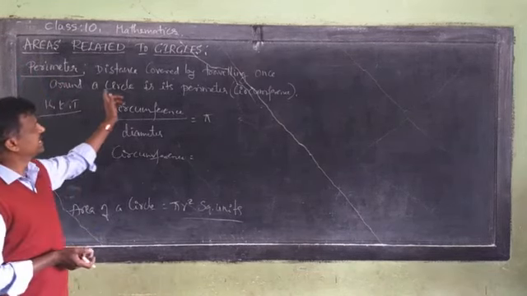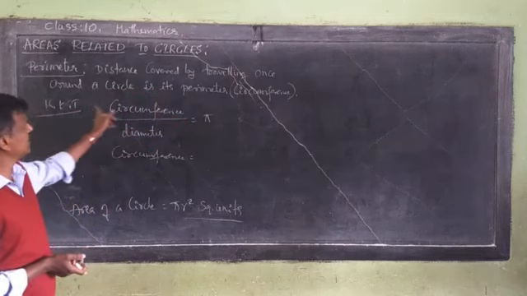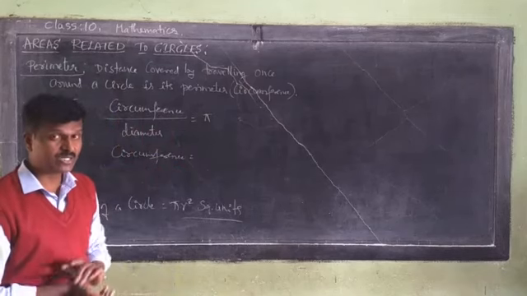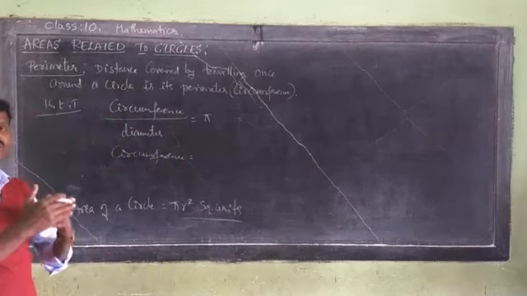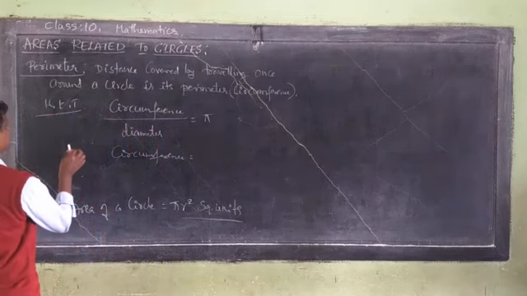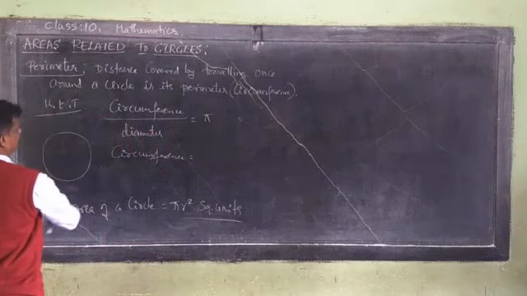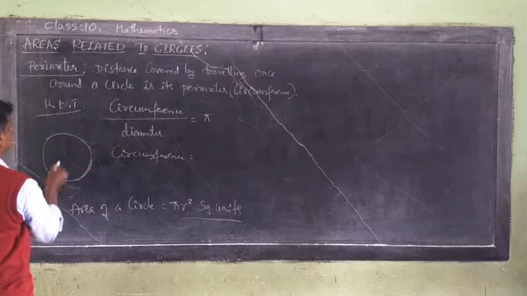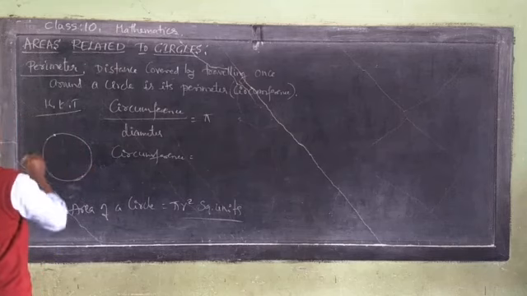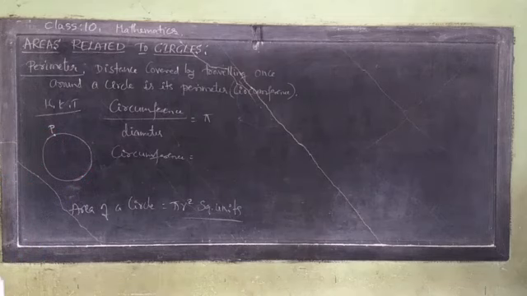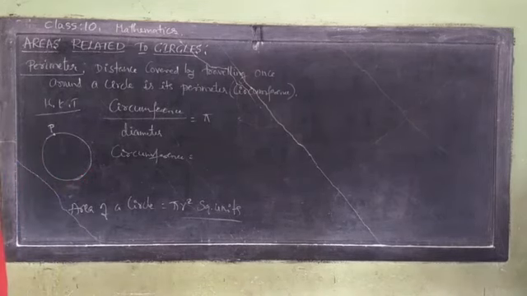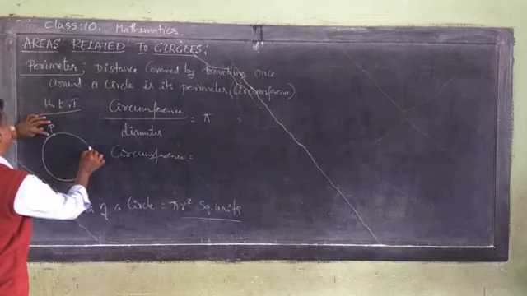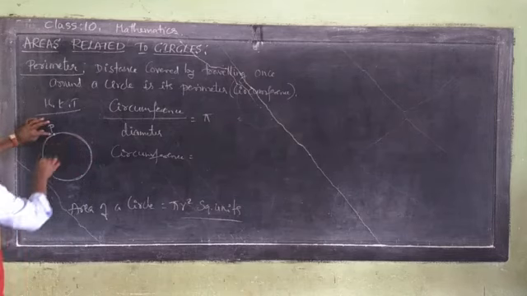The distance covered by traveling once around a circle is its perimeter. For example, here we have a circle with a point P. If we start at P and come back again to P, that means once around the circle.